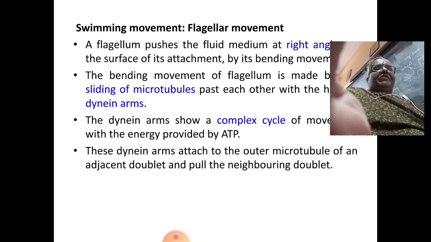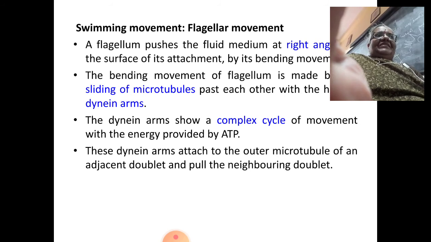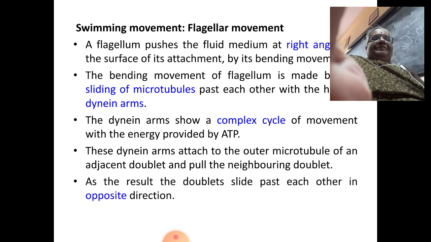These dynein arms attach to the outer microtubule of an adjacent doublet. Please note, there are 9 doublets in the peripheral region and 2 singlets in the central region. Each doublet has a pair of dynein arms, and these dynein arms attach to the microtubule of an adjacent doublet and thus pull the neighboring doublet.